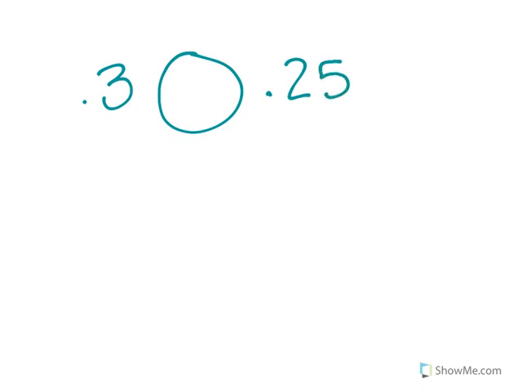Now I want to show you that again. If I gave you 0.3, and I want you to compare it with 0.25, this number right here can be changed to the hundredths place. I keep the 3 the same, that was the tenths place, but I add a hundredths, and I just put a 0 on top.